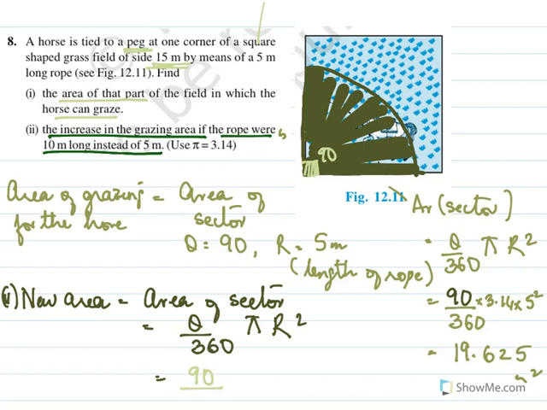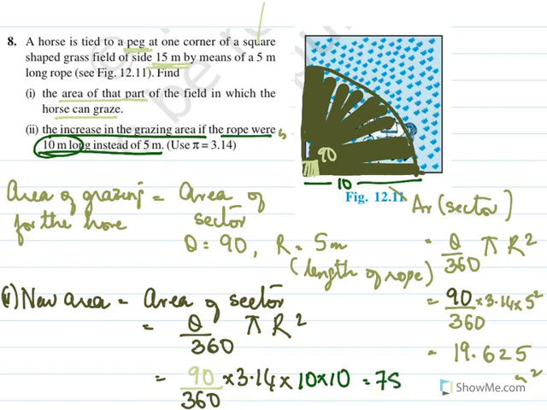So you put 90 over 360, pi is to be taken 3.14, and the r now is 10 because he's tied with a rope of 10 meter long. So 10 into 10. And on working this out, you will get the answer as 78.5 meters square.